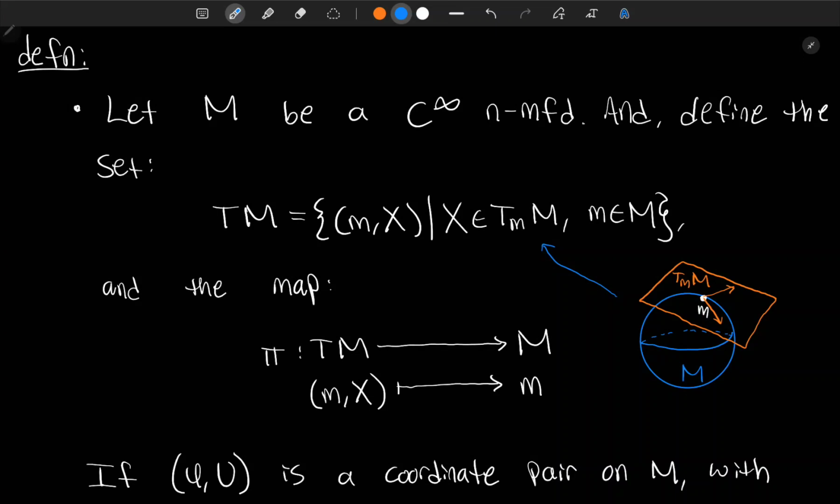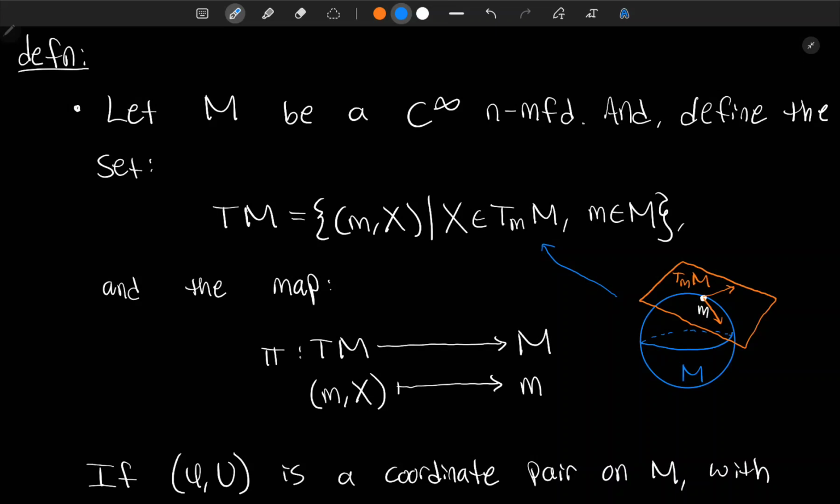So the tangent space, as seen here, is given some arbitrary manifold, let's say a sphere, and a point m on the manifold, the tangent space T_m M is the space of all vectors that are tangent to the manifold at that point.